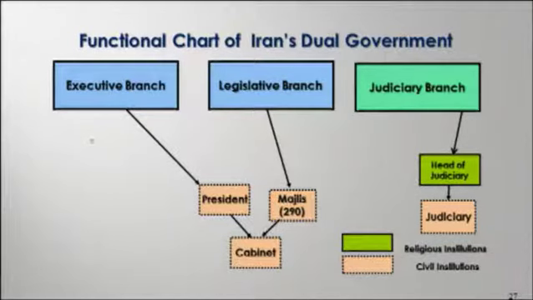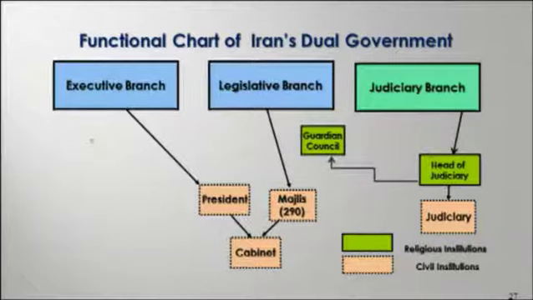The head of the judiciary in turn appoints the head of the Supreme Court in the Islamic Republic, as well as the chief prosecutor. Furthermore, the head of the judiciary also ends up nominating 6 lay members of the Guardian Council.